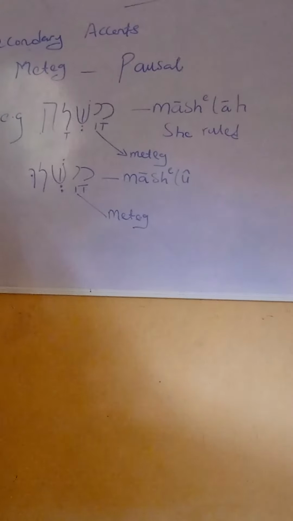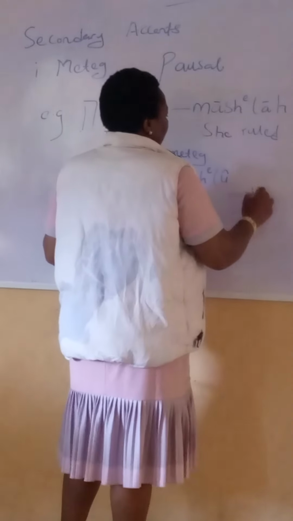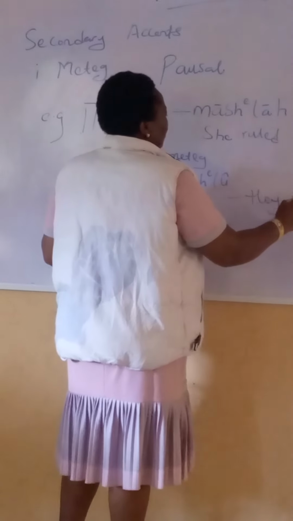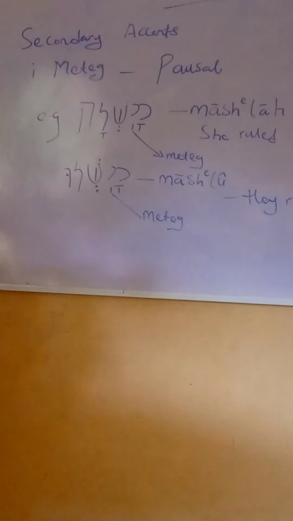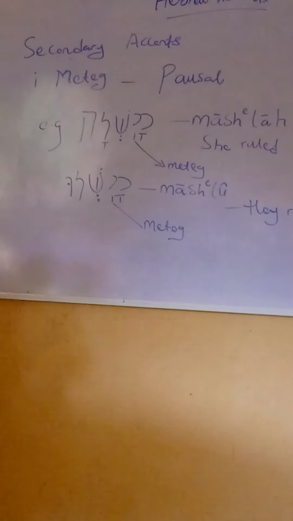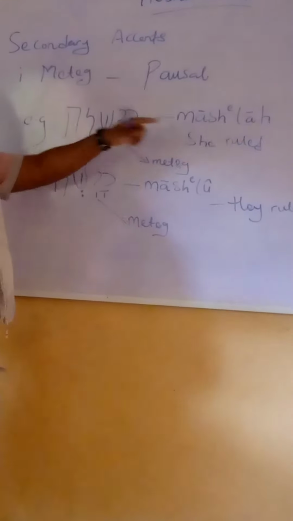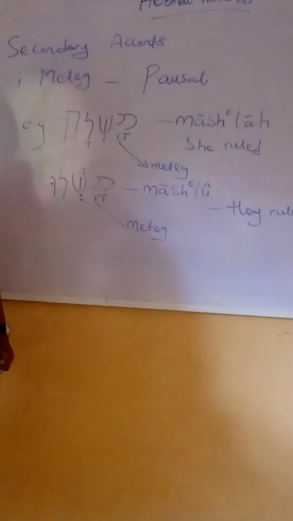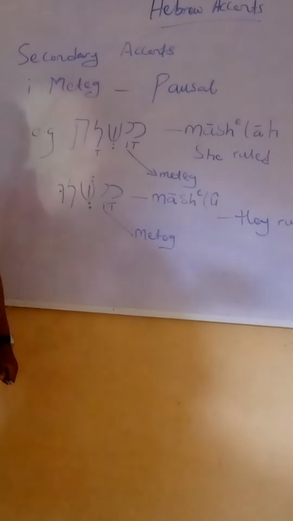Mashelu. And that is the word. Okay. So that is maintained as a secondary accent. Whenever you see it, what it is saying is that in that pronunciation, assuming there is no mete here, we call it mashla. But because there is a mete, it is mashla.